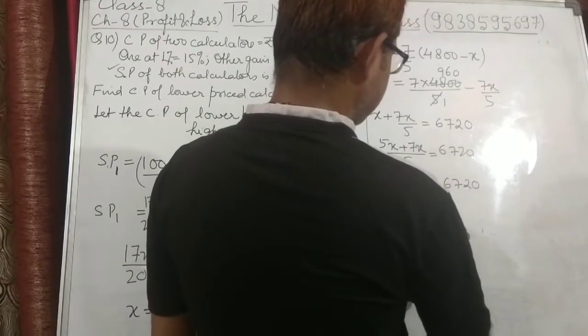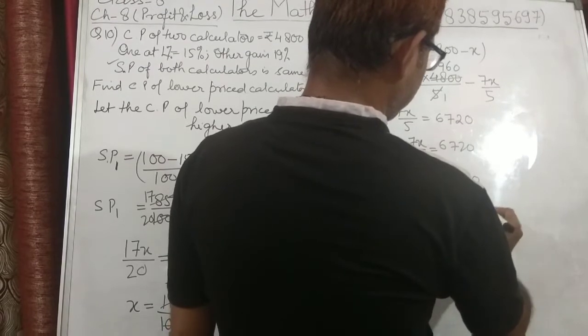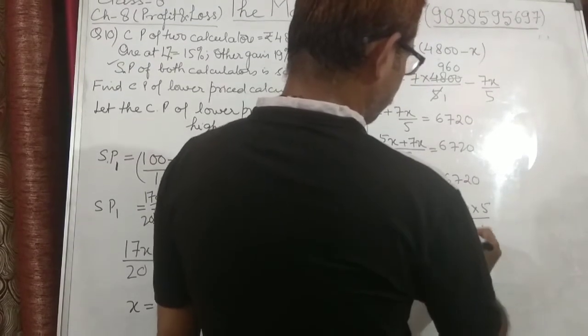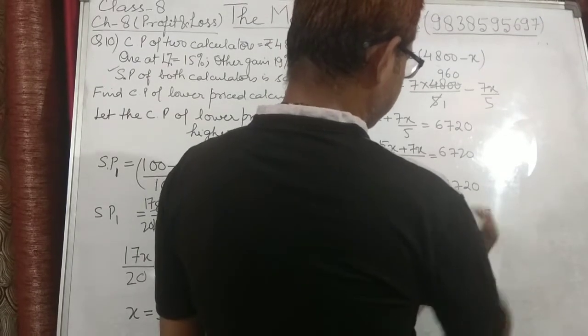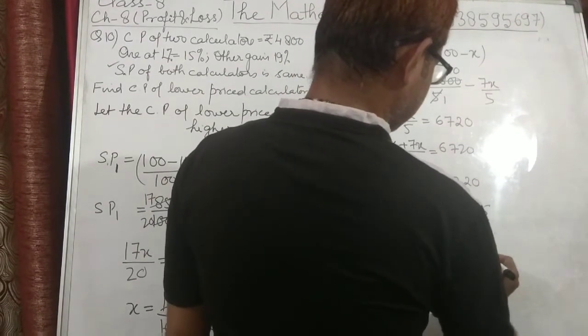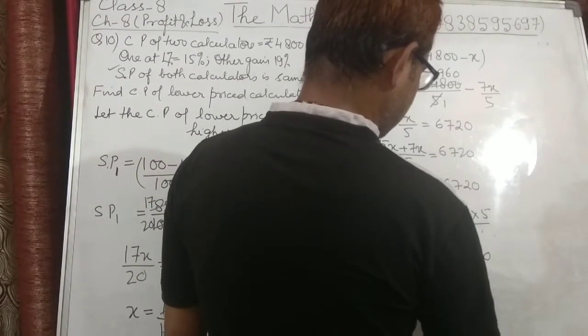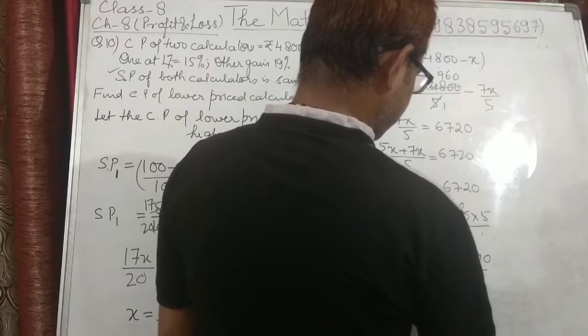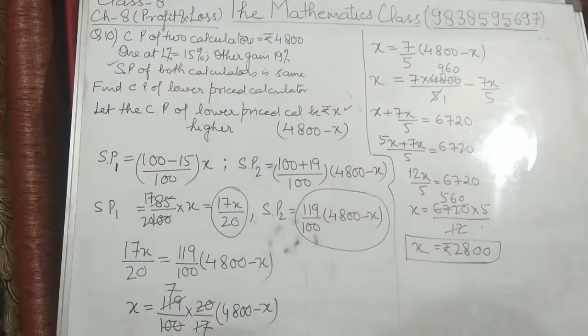So x will be 6720 into 5 upon 12. 12 5s are 60, 12 6s are 72. So we get rupees 2800, which was the value of the small calculator.